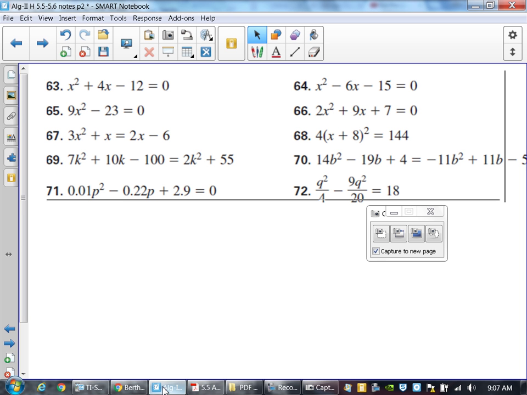You're going to get x squared plus 4x plus something is 12. 4 over 2 is 2. x plus 2 squared, 4. So you have x equals negative 2 plus or minus 4.